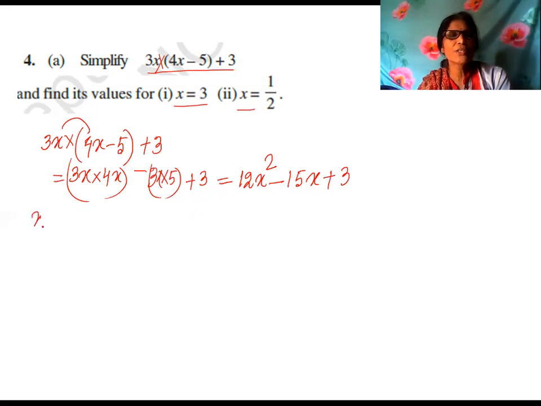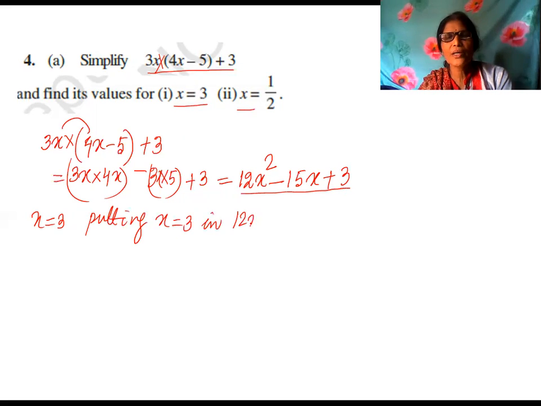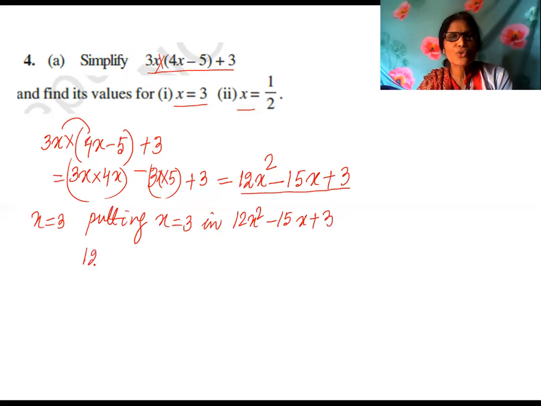Next I will go for x is equal to 3. What will be the value of this? So in place of x, I'll put 3. Putting x equal to 3 in 12x square minus 15x plus 3, I will get 12 into 3 square, minus 15 into 3, plus 3.